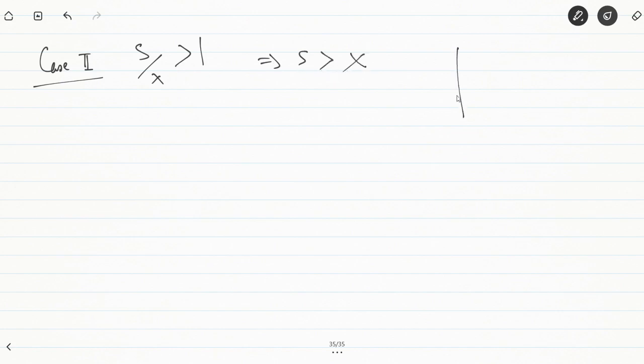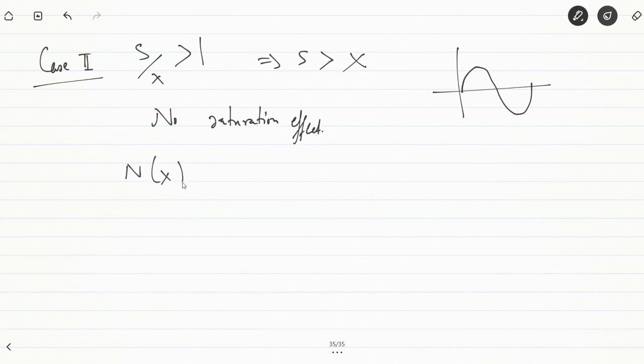That means our output will simply be a sinusoidal waveform, because it will never go into the saturation region. There will be no saturation effect in this case. So the describing function, when we find it out, y by x will be equal to 1 for this case.